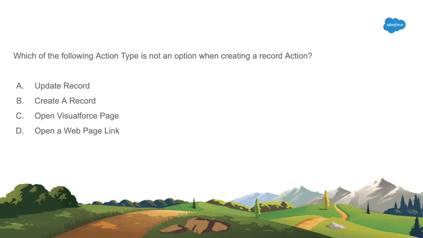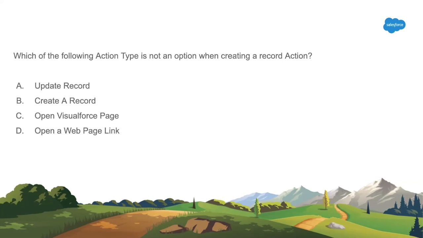Which of the following action types is not an option when creating a record action? So we're creating a record action. Which of the following is not an option? So you're on an object.